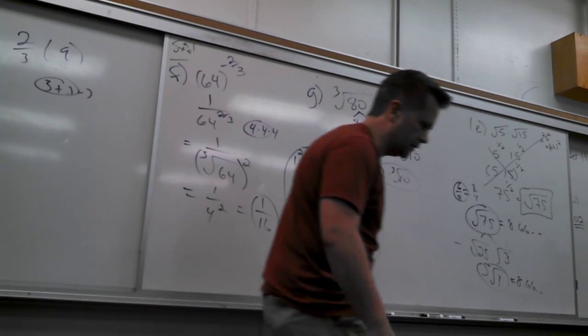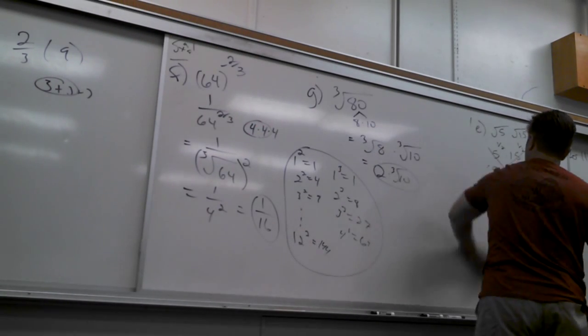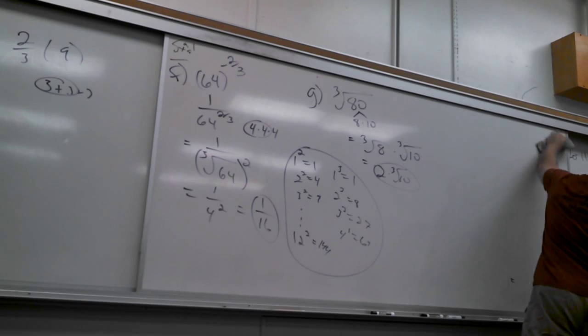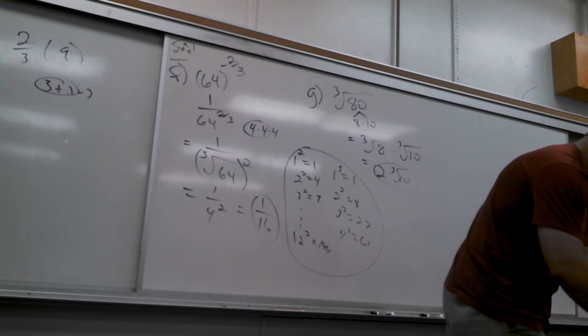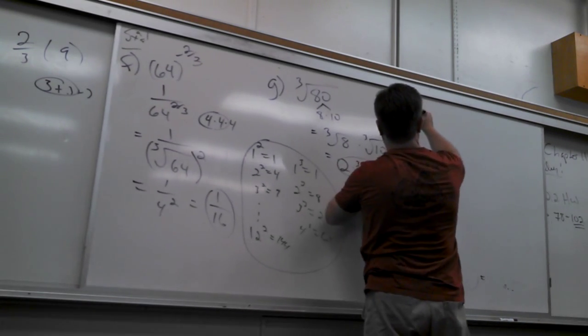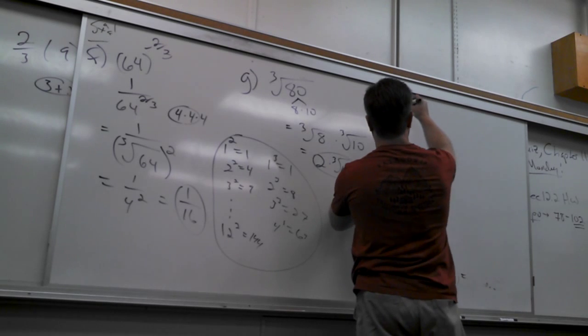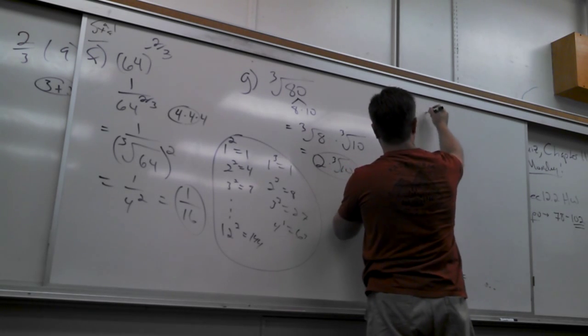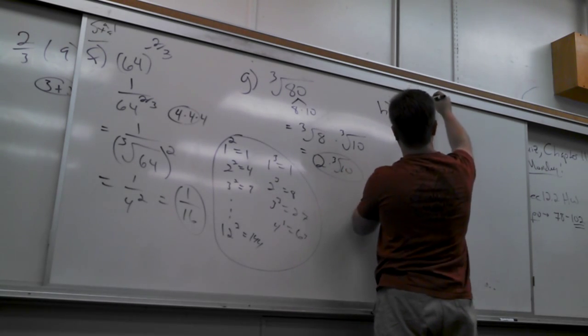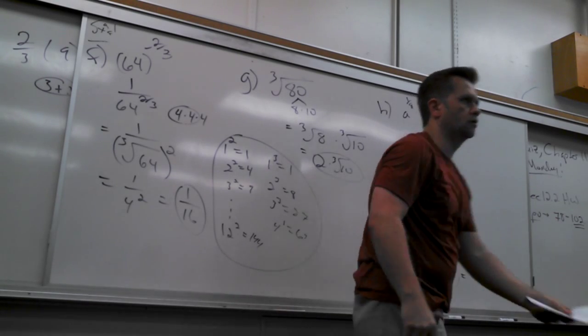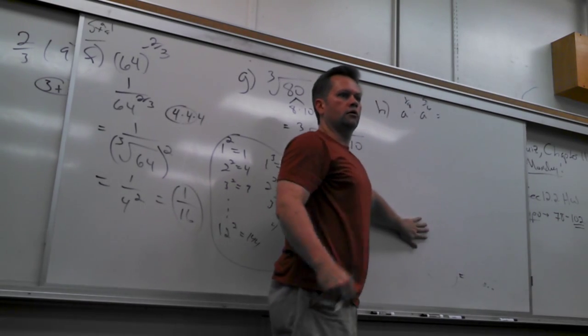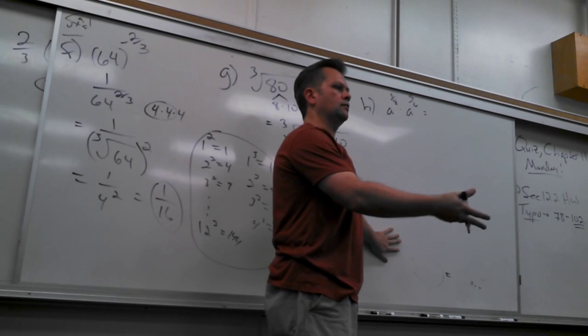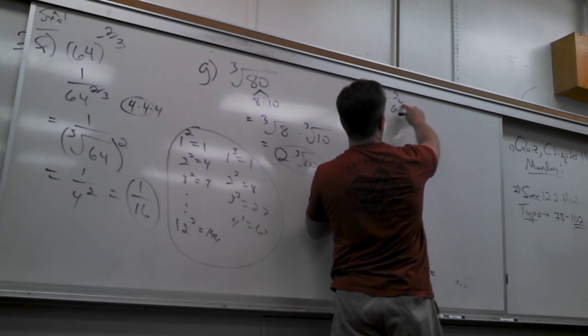Okay, let's see. H. So H and I are like the same thing, really. With H, what property do you use? Yes, so you got to multiply like bases, you add the powers. The LCD will be 24, good.